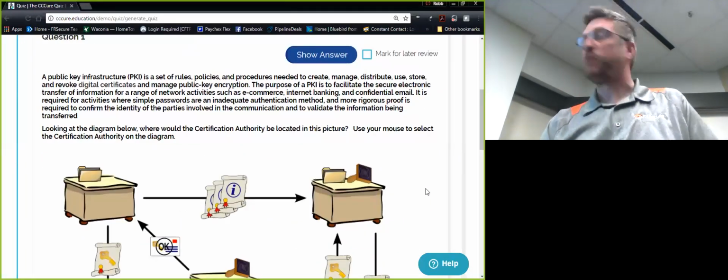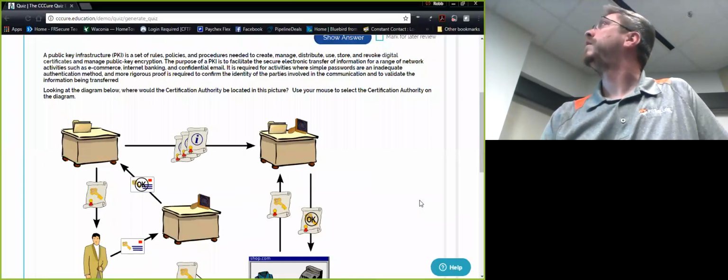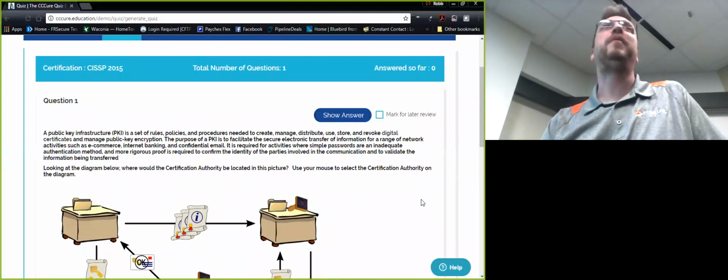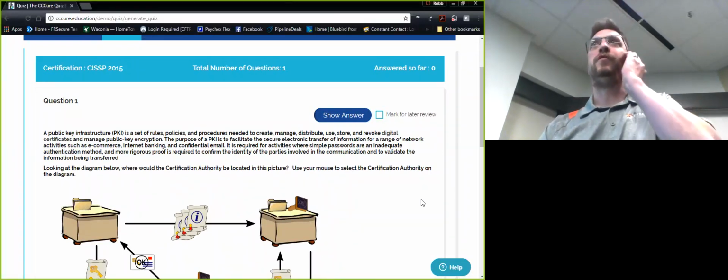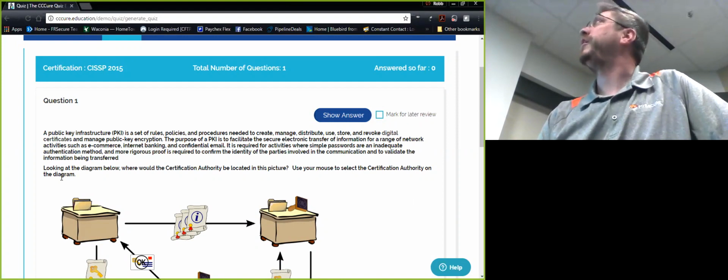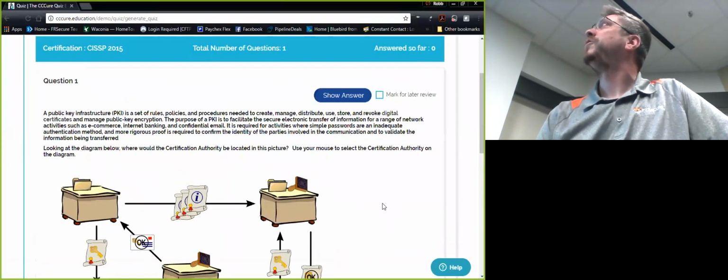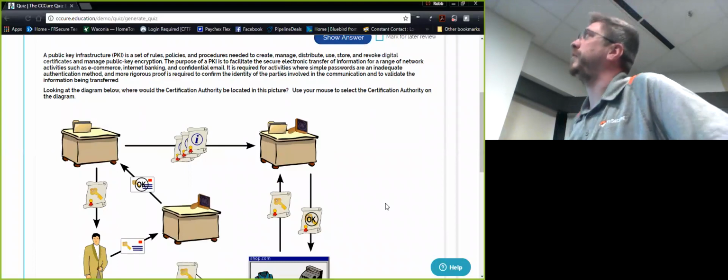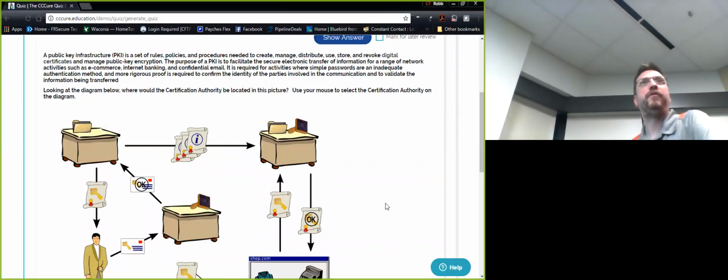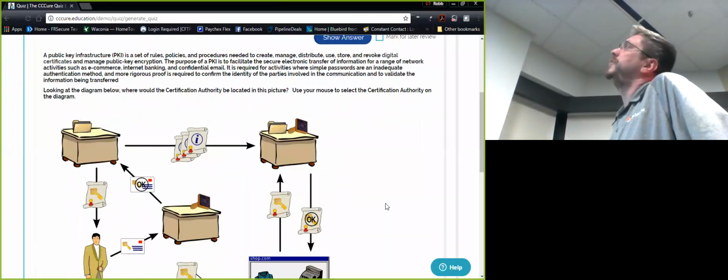So this is another kind of question. These are the hotspots. These are new in this test. You're going to get a scenario, and you can see there are different areas that are selectable. You have to read the scenario and then pick the right area to answer the question.